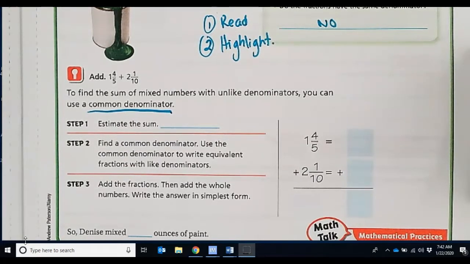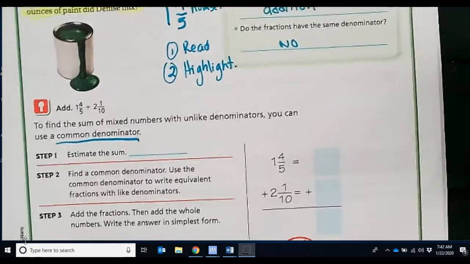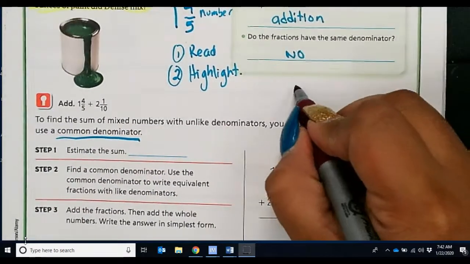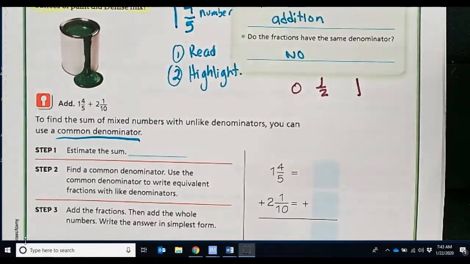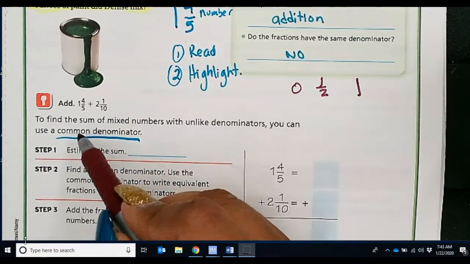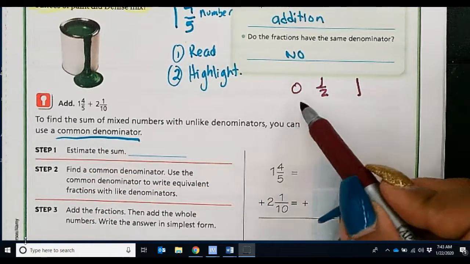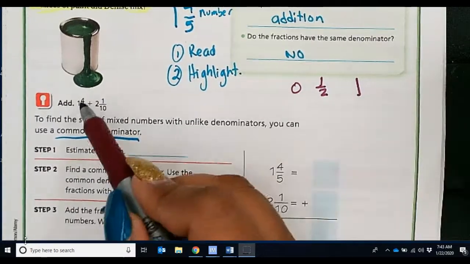look at our benchmarks. Do you remember what our benchmarks are? Okay, if you don't remember, let me remind you. Our benchmarks are 0, a half, and 1. What does that mean? That when we're estimating, you want to round to either 0, a half, or 1, whichever it's closest to.